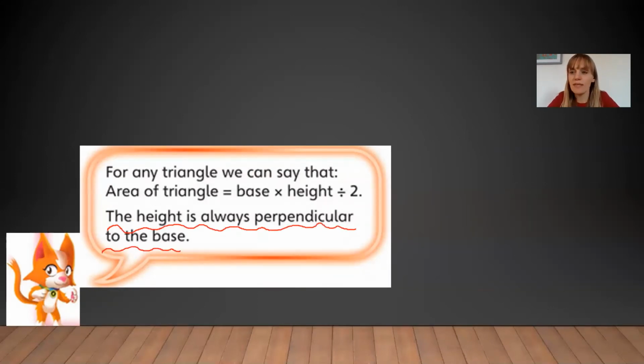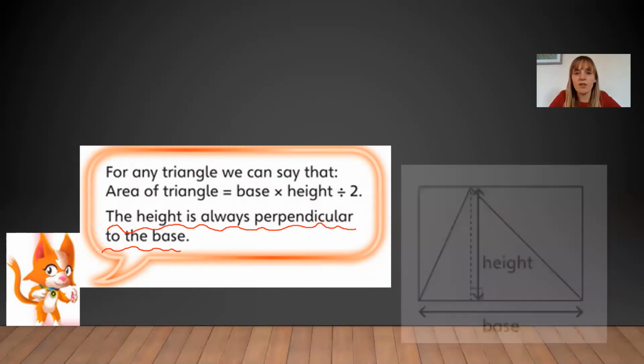Now, I know some of you might be thinking, oh, I can't remember what perpendicular means. Well, I want you to think of 2 lines meeting. So here's one line and here's another line. Now, when 2 lines meet in a perpendicular manner, they're meeting to make a right angle. So let's have a look at this diagram here.